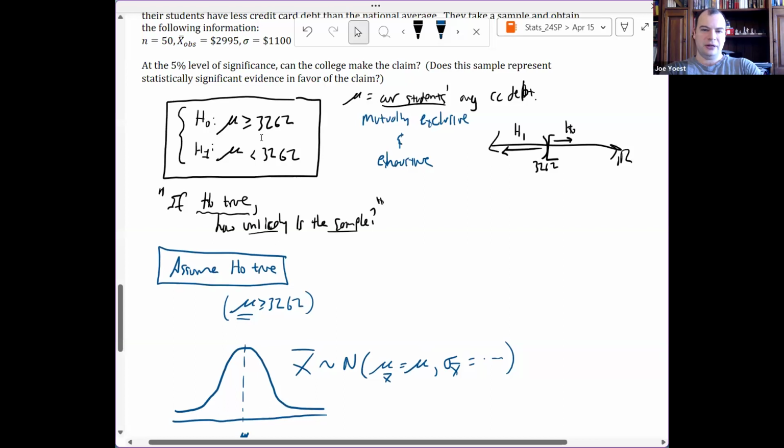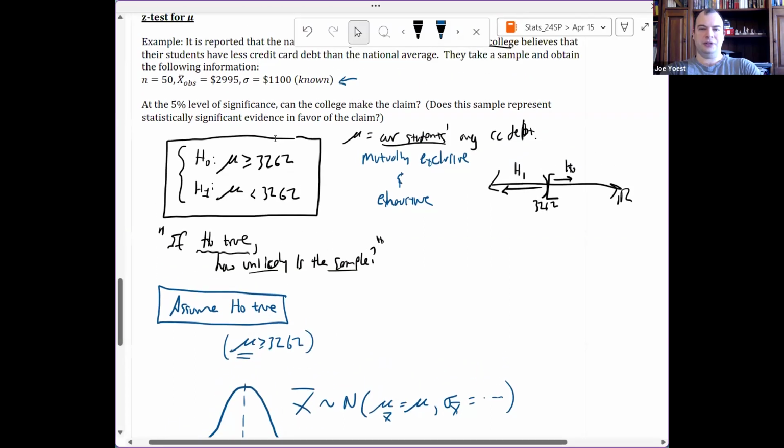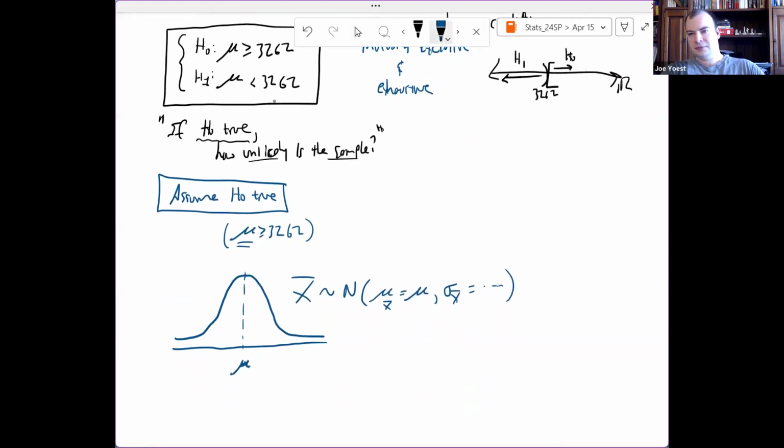Now mu is bigger than or equal to 3262. X bar observed is 2995. Let me put that down here.